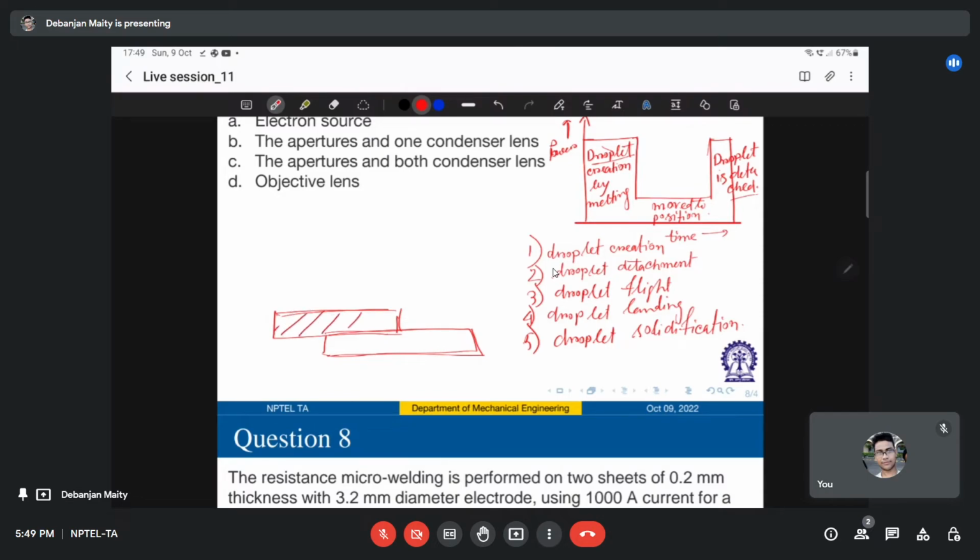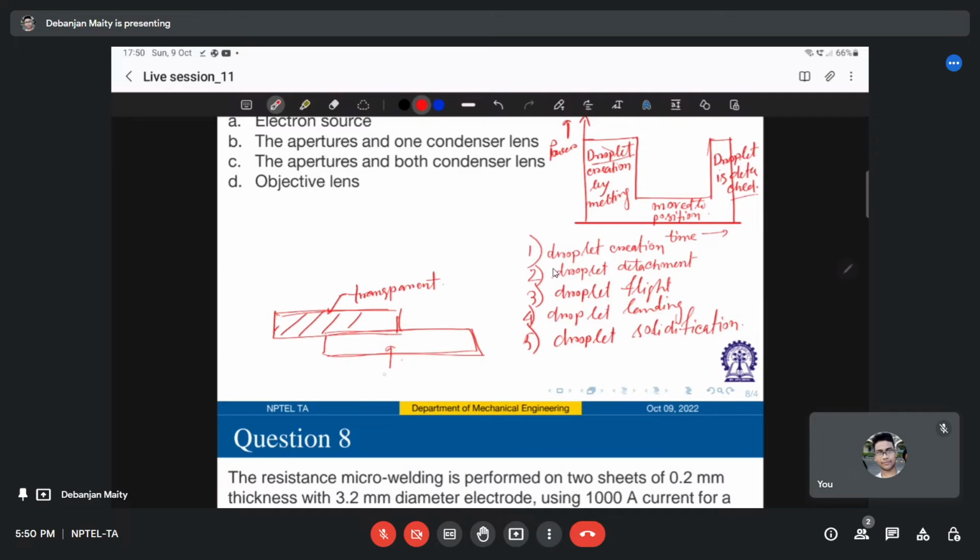This plastic will be transparent in nature, right? So the upper layer needs to be transparent to laser wavelengths, maybe in the infrared or near infrared spectrum. And once the laser beam passes through this upper layer, it still needs to be converted into thermal energy, right? So this happens at the interface of the two joining parts, and the lower part needs to have the ability to absorb that energy to create the heat.